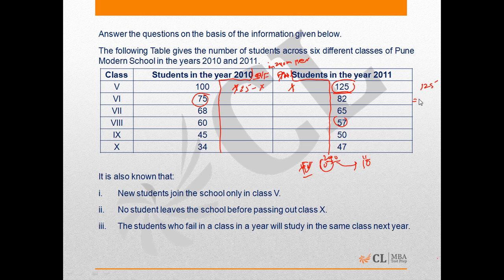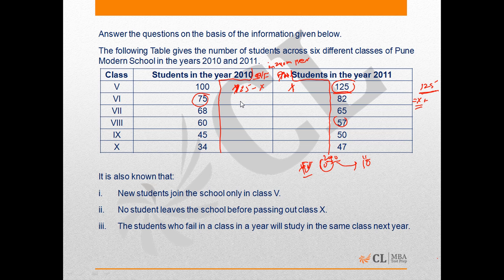This will be the sum of two things, new joinee plus the number of students who failed in class 5th in 2010. So if new joinee is X and the total number of students in 2011 in class 5th is 125, then the number of students who failed in the same class in 2010 has to be 125 minus X.